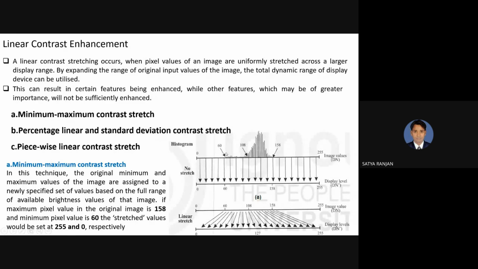Suppose we want some information which is not clear in the image, so we have to enhance this value from 60 to a lower value of 0, and on the right side 158, so it extends to 255. So the total range is spread from 0 to 255.